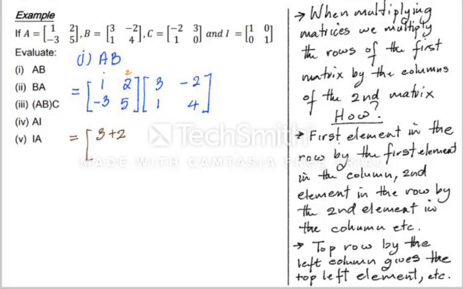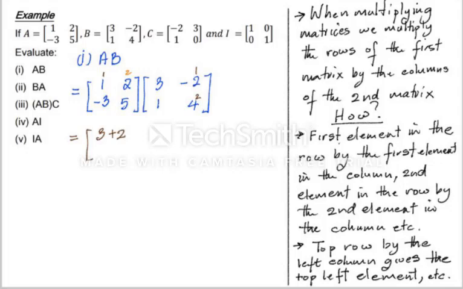Now we're going to use the same top row, but multiply it by the right column. We already multiplied the top row by the left column.